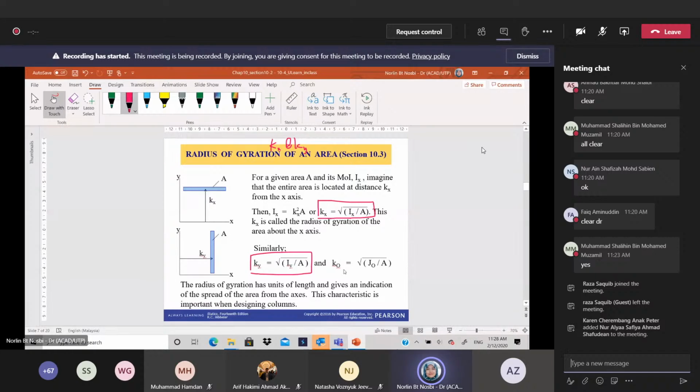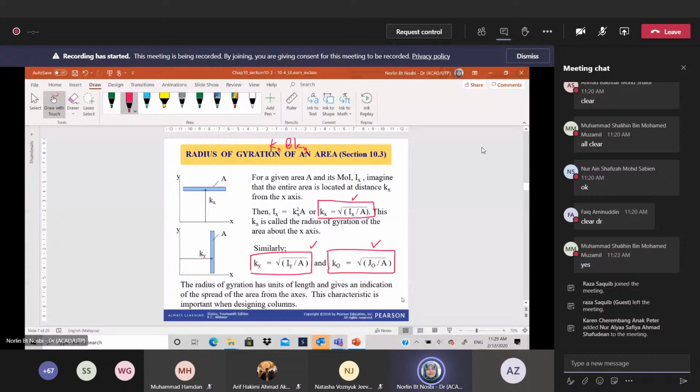The radius of gyration has the unit of length, and it gives you an indication of the spread of the area from the axis. How do we use it? Later, when you do the questions, you will know how to use this equation.